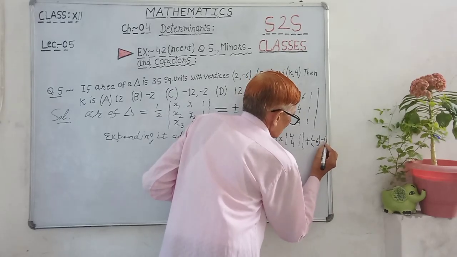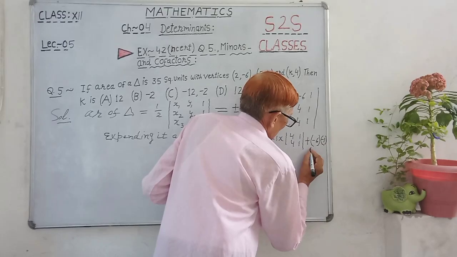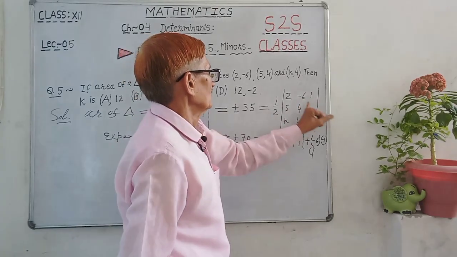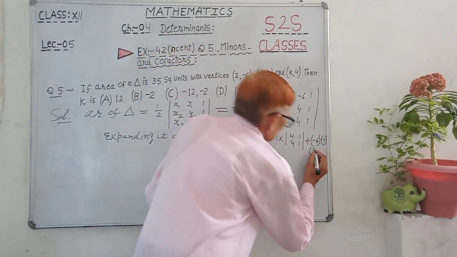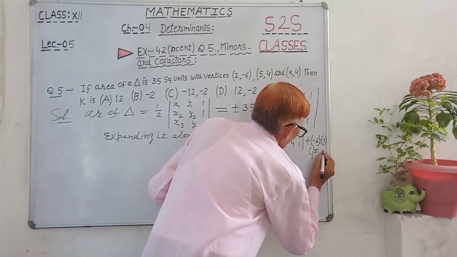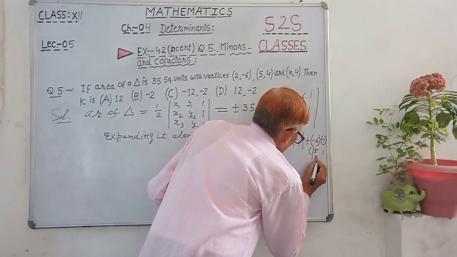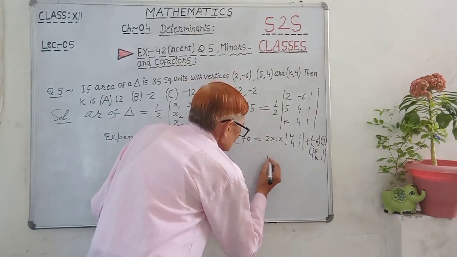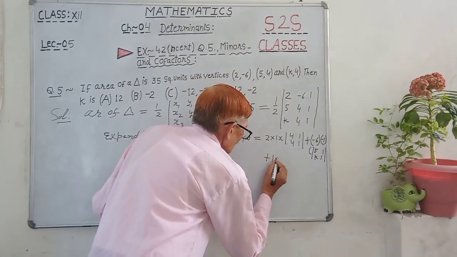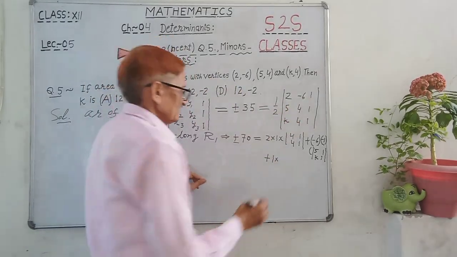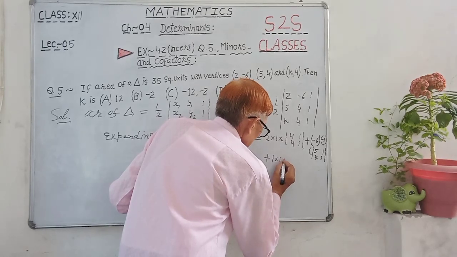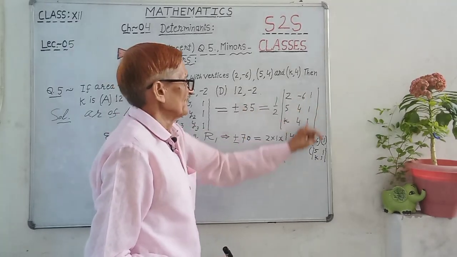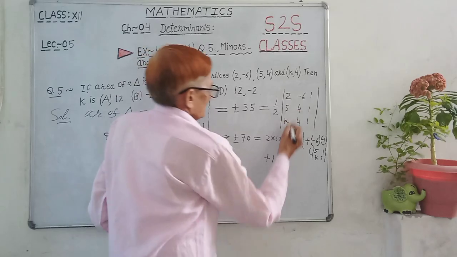You know, if odd, multiply by minus 1, and then the remaining after cancelling the second column and first row: 5 1, k 1. Then the third element, 1, is A13, so it is even, the i plus j sum is even, so multiply by 1 and by the remaining after cancelling the third column and first row: 5 4, k 4.